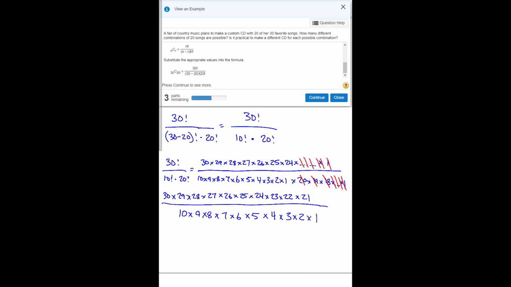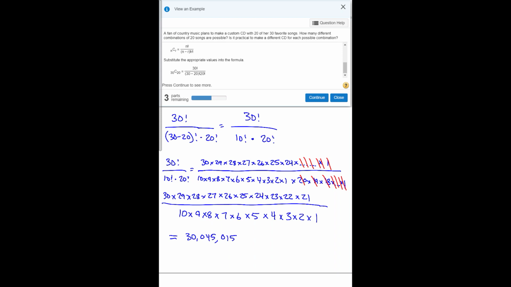Once you do all that calculation, you should get around the ballpark of 30,045,015.